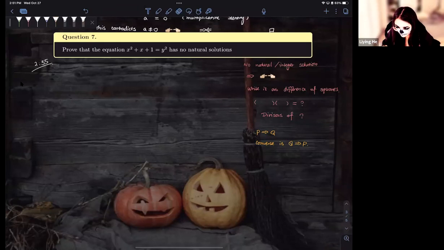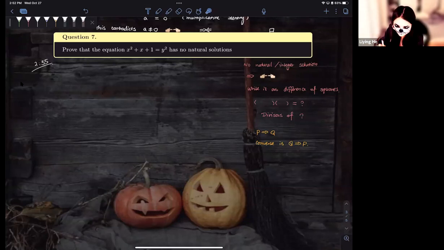Whether this is true or false does not imply anything about the other. Converse.